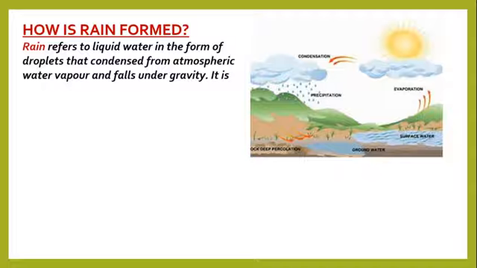Now the question somebody will ask is, we know water is liquid, so why do we use the word liquid water? You're right, but in explaining the formation of rain, the states or forms in which water exists must be clarified. Water can exist in a solid form.